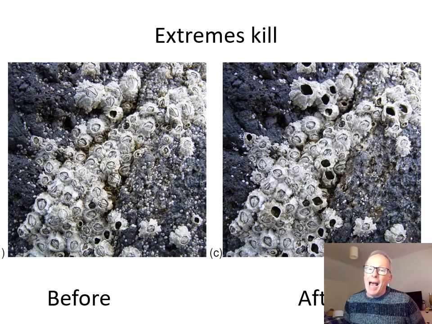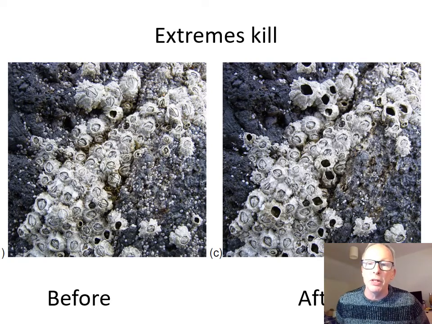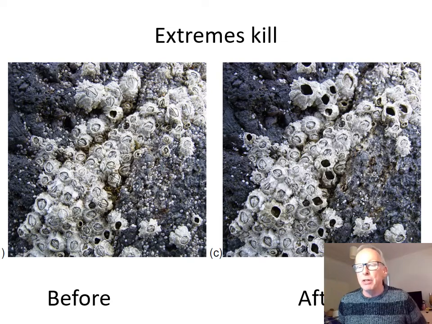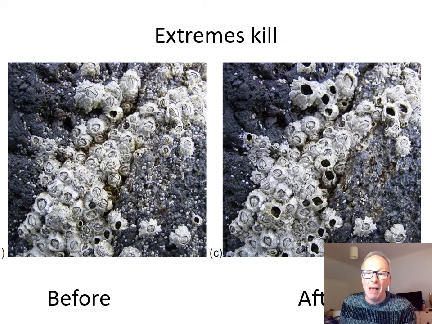And shots of the barnacles before and after show that those cold water species did indeed die over that period. So many of the effects of climate warming may be evident very quickly during extreme temperature events.